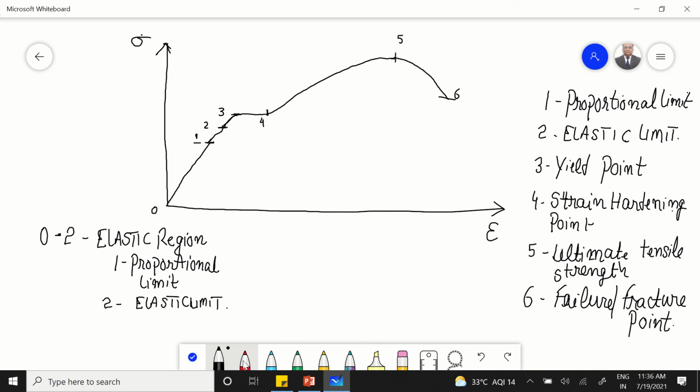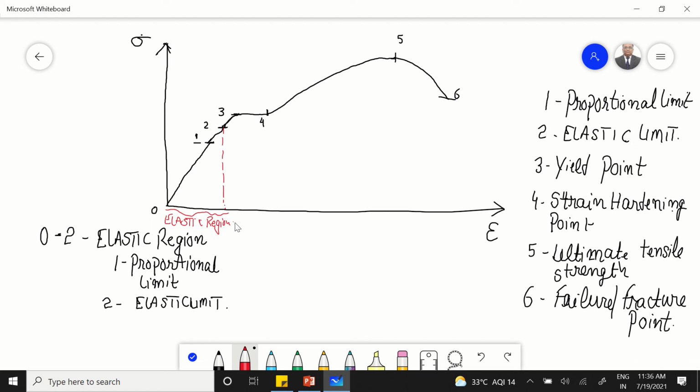So this region from 0 to 2, we call the elastic region. Now what is this elastic region and what happens under it? See, the elastic region represents the elastic behavior of a material.